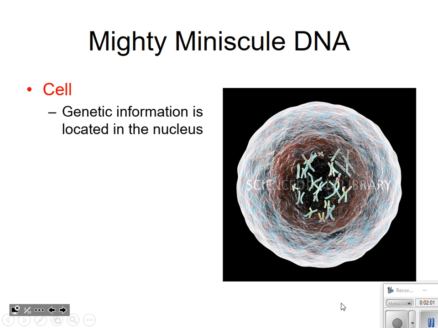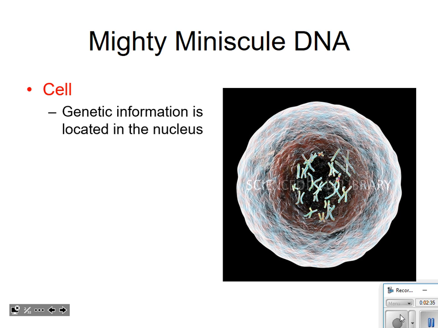It is where the genetic information is located, and that is inside the nucleus. If you look at this right here, do those look familiar? What are those? Chromosomes. Yes, they are chromosomes. So what you should be doing right now is copying this definition of cell onto the mighty minuscule DNA sheet.